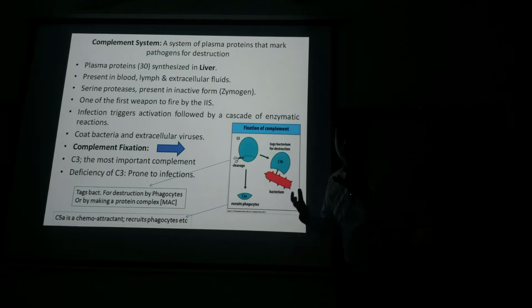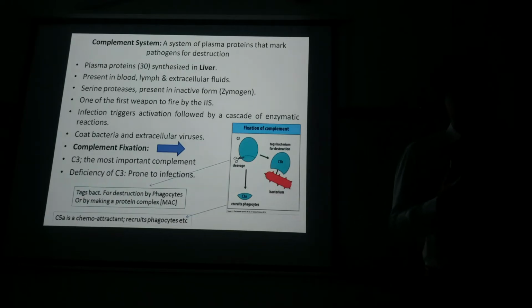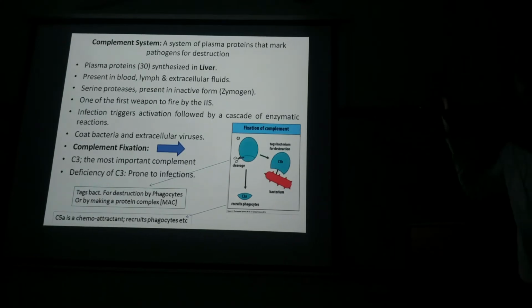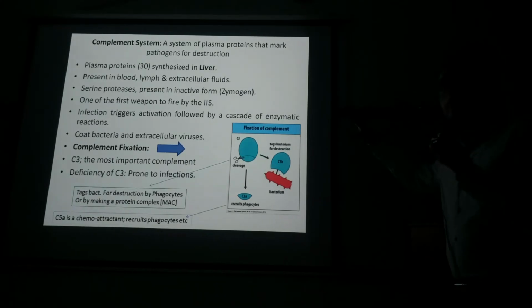So there are mechanisms to be used by the body. One mechanism is to recruit these phagocytes to come to the site of infection and engulf the tagged bacteria and get rid of them.